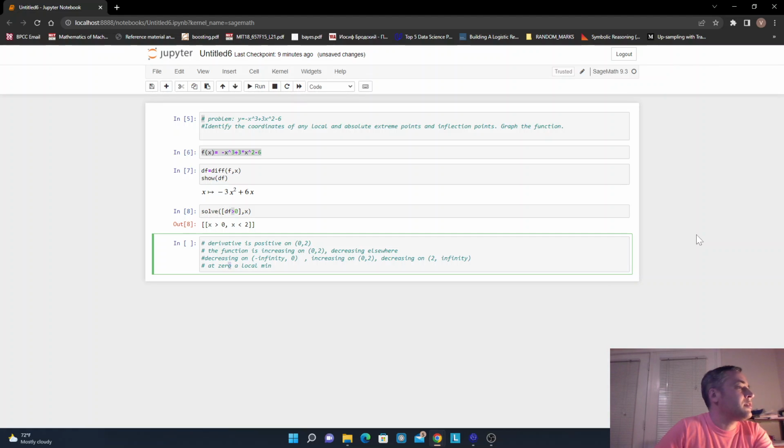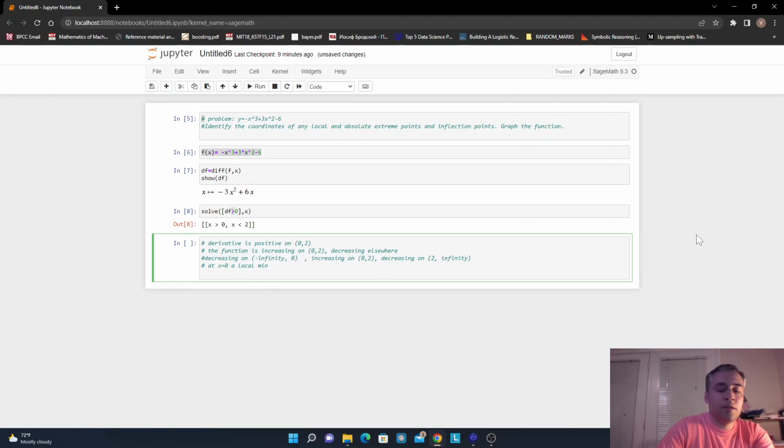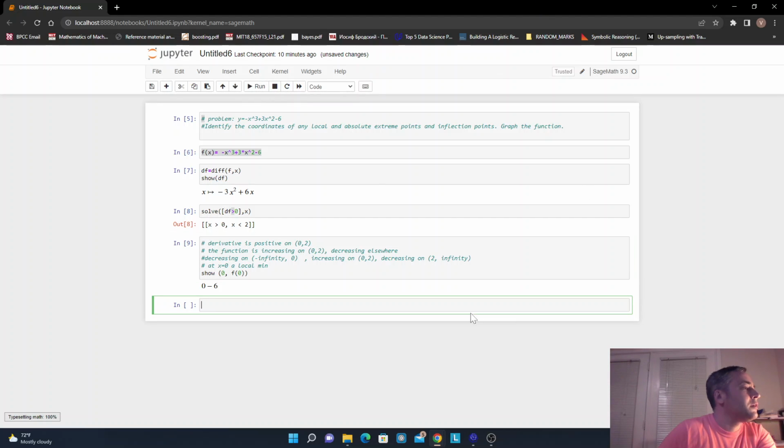At, say, x equals 0, a local minimum, and I can show it as 0, f of 0. Well, let's hope it worked like this. 0, 6. Okay, I don't know why it did.